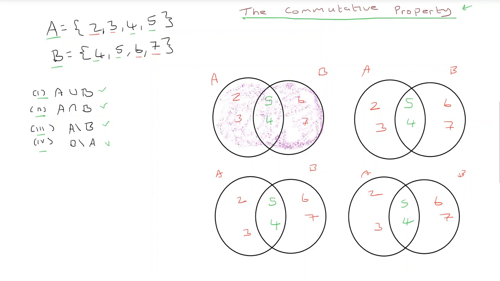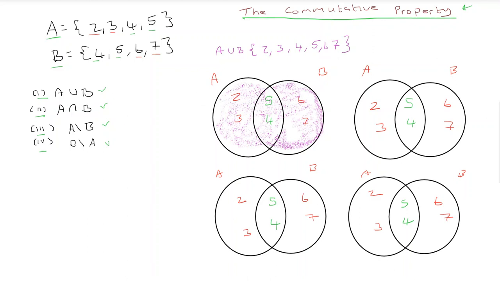You could represent it like so, and then you could write that A union B is going to be the set 2, 3, 4, 5, 6, and 7. So that's A union B.